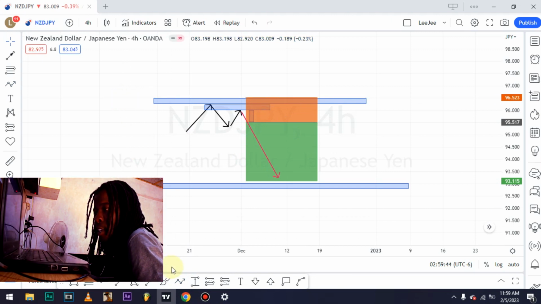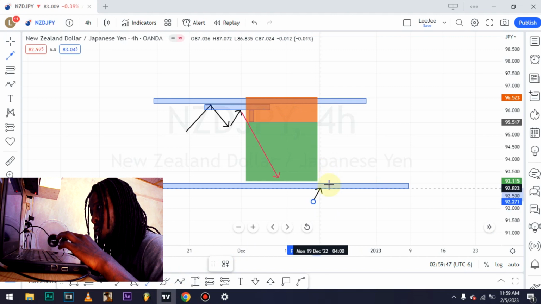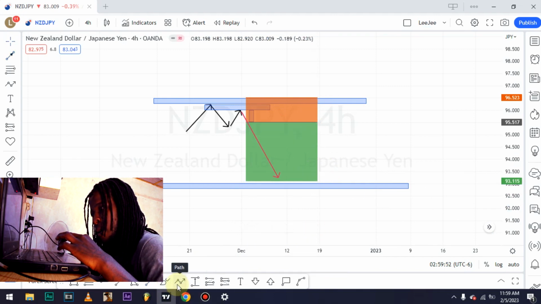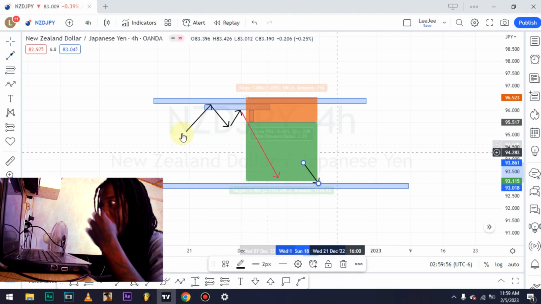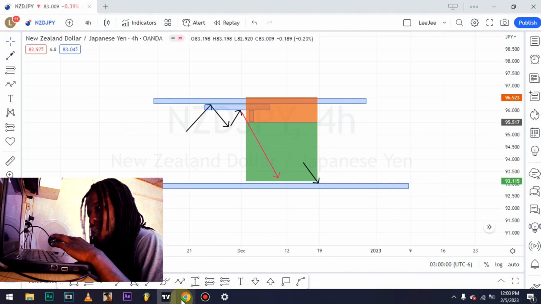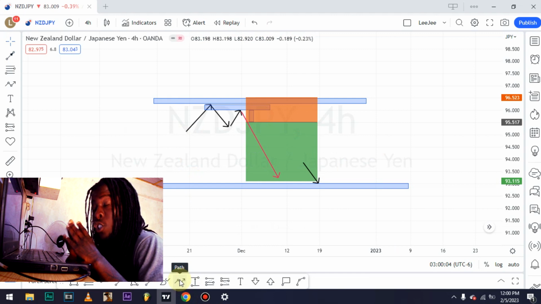So before taking the buy entry, let's say that price is in this zone over here. Now price came down. Let's say price is here. Remember, price is still on a downtrend. So this is what we will be looking for. We just need new structures to be formed.